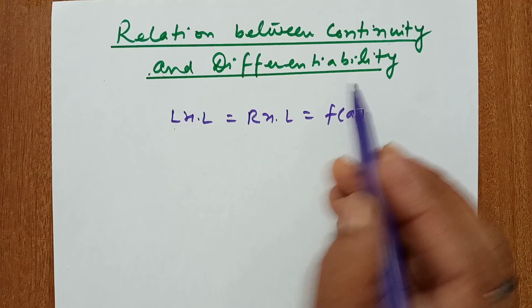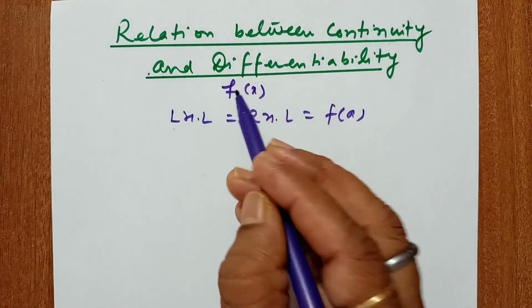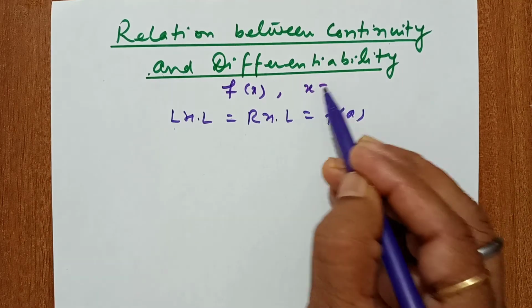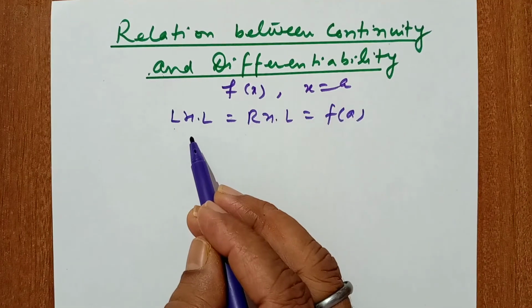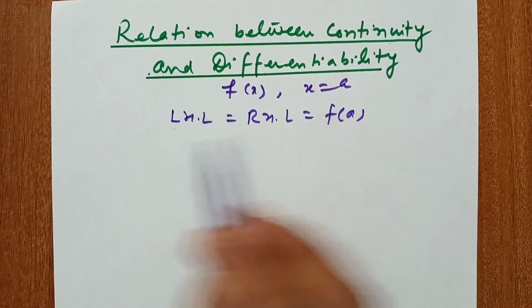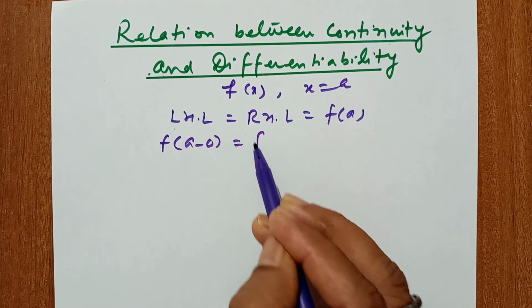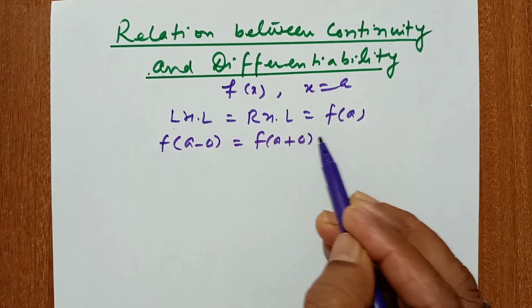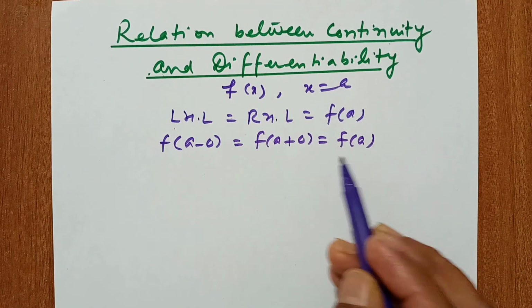If a function f(x) is single valued and continuous at x is equal to a, then f of a minus 0 is equal to f of a plus 0 is equal to fa. In this case the function is continuous.